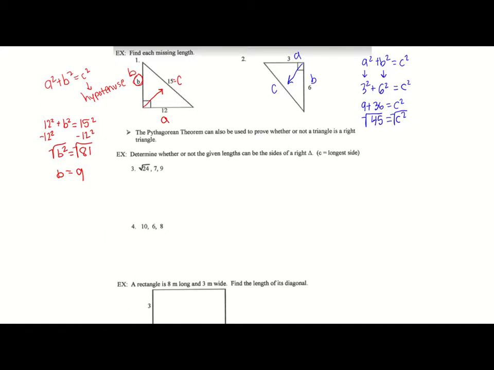45 is not a perfect square, and so to find the square root of 45, I'm going to break it up. 45 can be broken into 5 and 9. 5 times 9 is 45. I can break up 9 further. I have 9 is equal to 3 times 3.